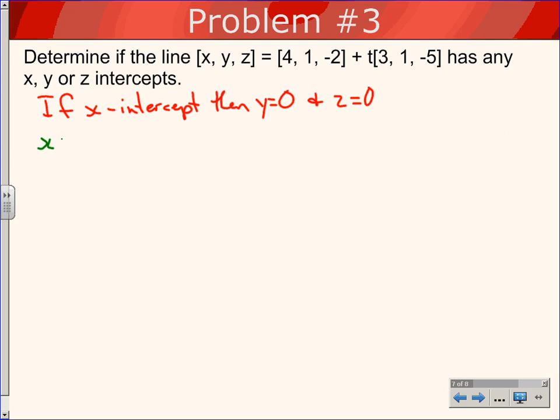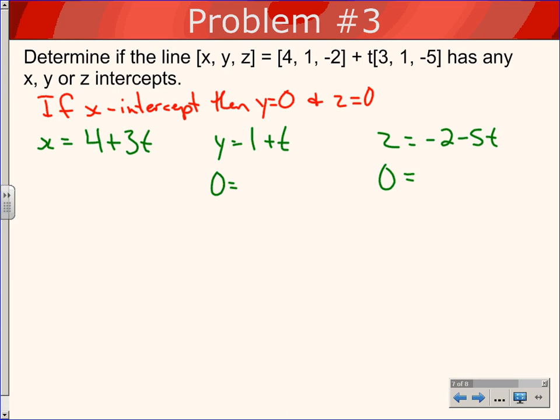So I'm going to write the parametric equations out again. Remember, everything's with parametric, right? Y is 1 plus t. Z is -2 minus 5t. And I'm going to sub in 0 for y and 0 for z. Fortunately, this is going to solve a little bit quicker than the last example we did. We get t is -1.